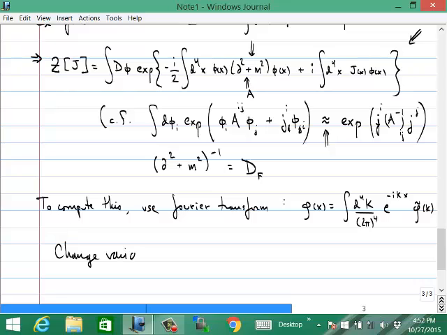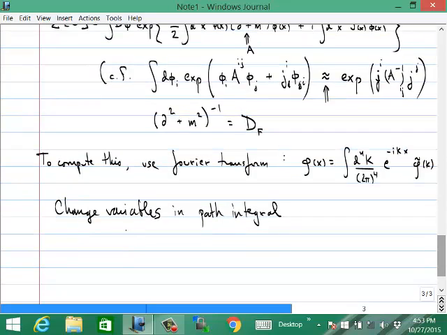I want to think about my path integral not as an integral over all configurations phi of x, but over all possible Fourier components phi tilde of k. So I want to take the integral d phi of x and do a change of variables, just like you would do in any old integral, to think about it as an integral over phi tilde of k.